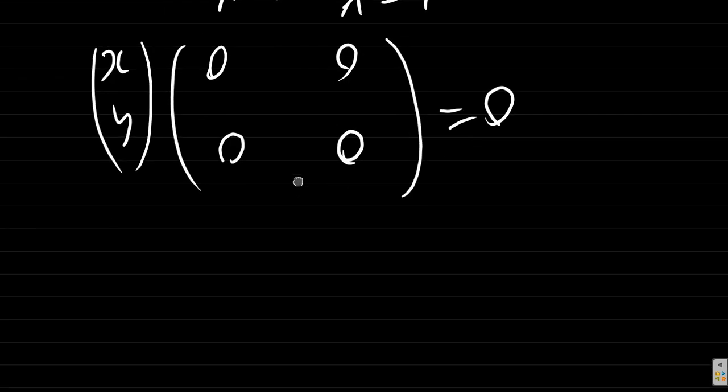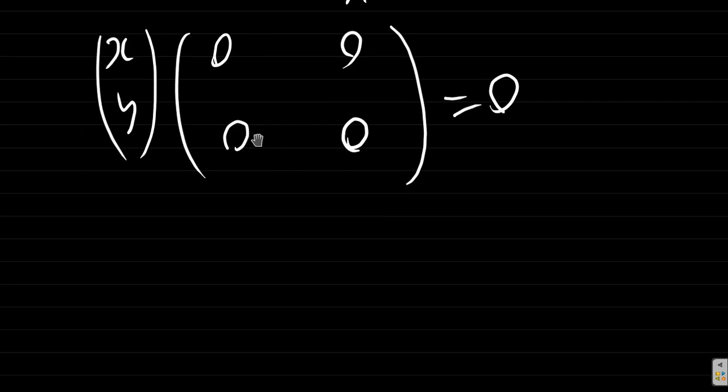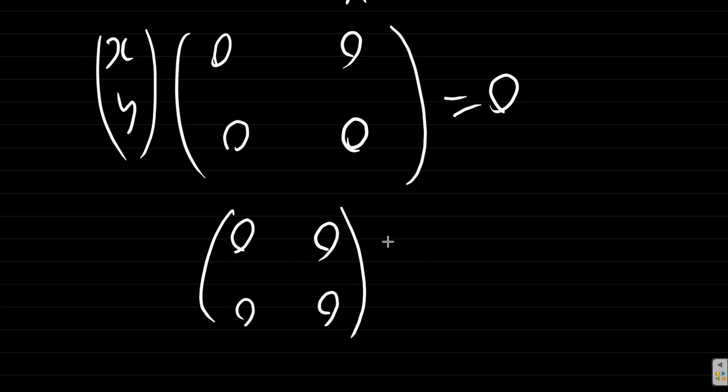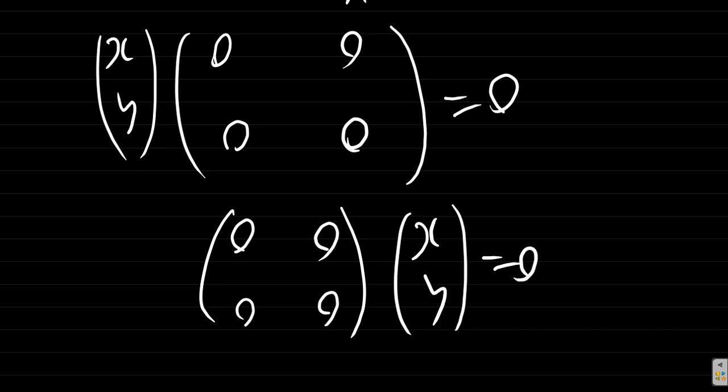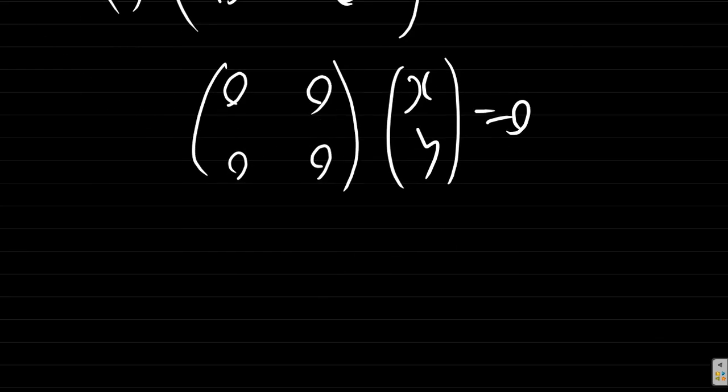And of course, we cannot multiply a 2 by 1 matrix by a 2 by 2, but we can multiply a 2 by 2 matrix by a 2 by 1. So, what is the eigenvector here? 0 times x plus 0 times y. 0x plus 0y is equal to 0.